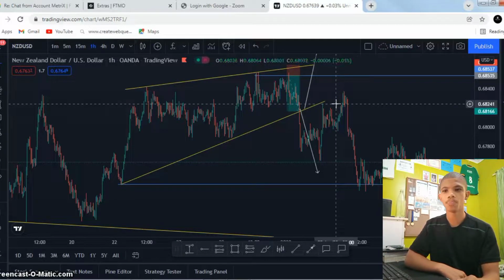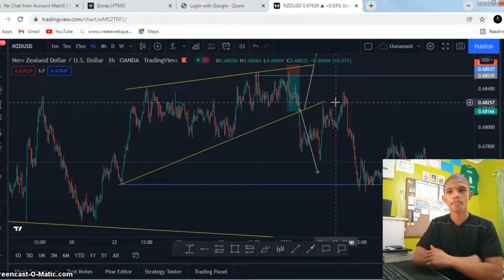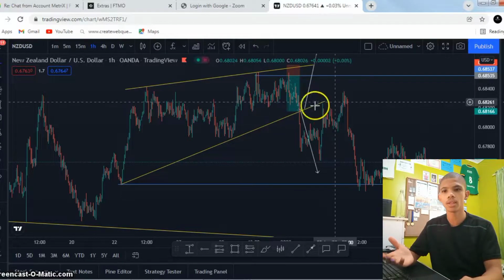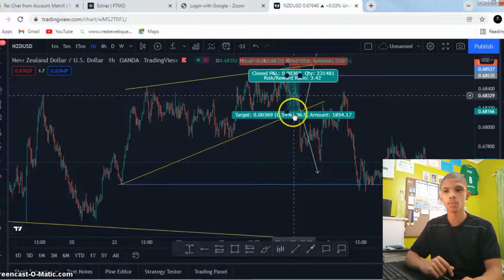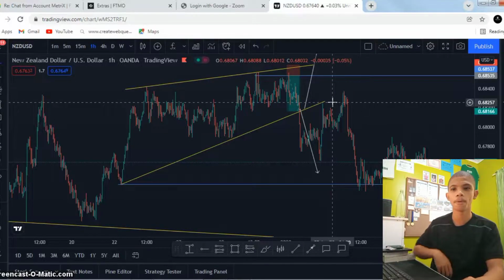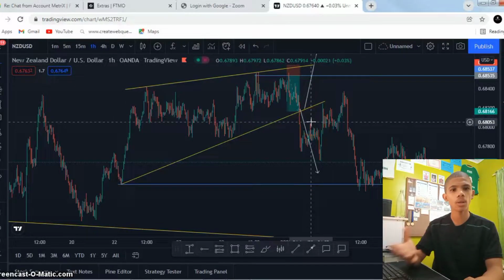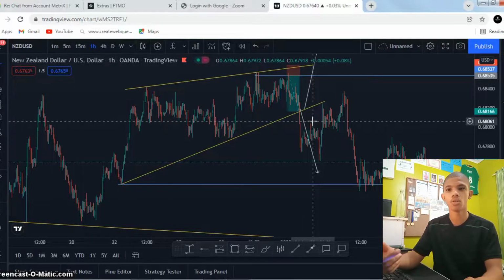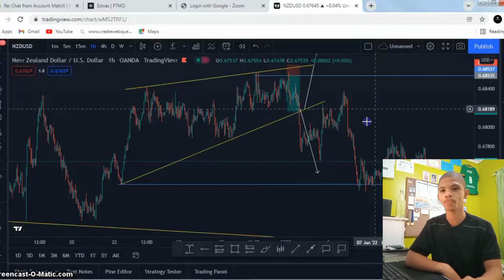But once the market opened at midnight, when I woke up in the morning, this whole pattern was already halfway through, so there was no time for me to get into this trade. So what I'll share with you is just the analysis on this trade. Like I said, I didn't take this trade, so let's just get straight into it.